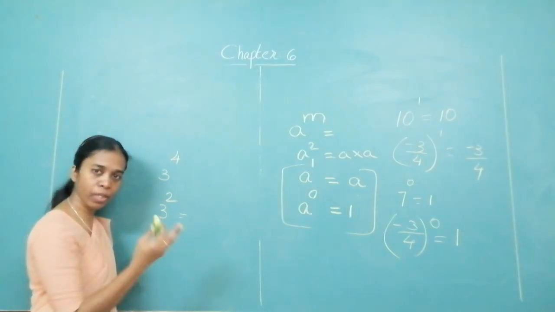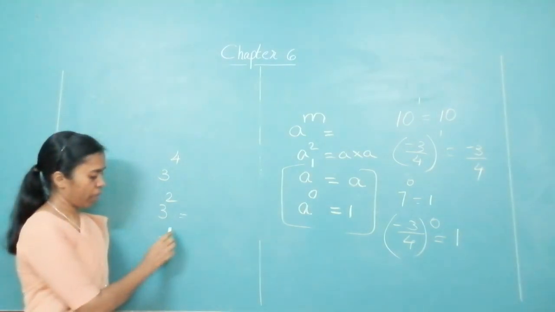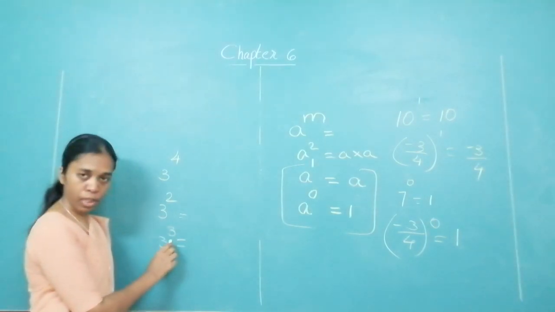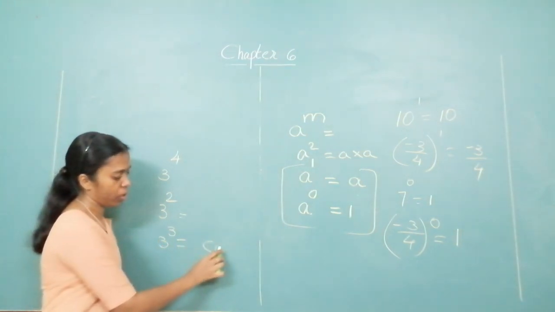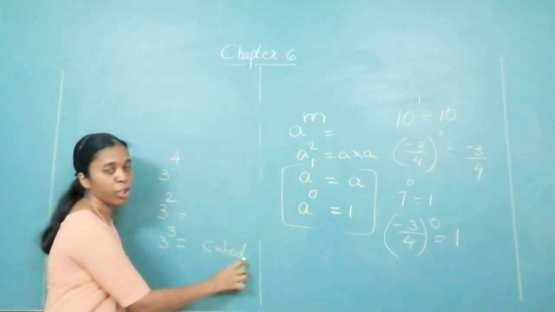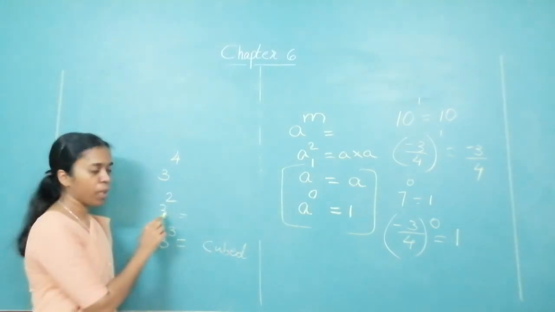Squared means double. 3 squared means 3 into 3. Now I have 3 raised to 3. Then we call it 3 cubed, C-U-B-E-D. 3 cubed means 3 is multiplied 3 times.